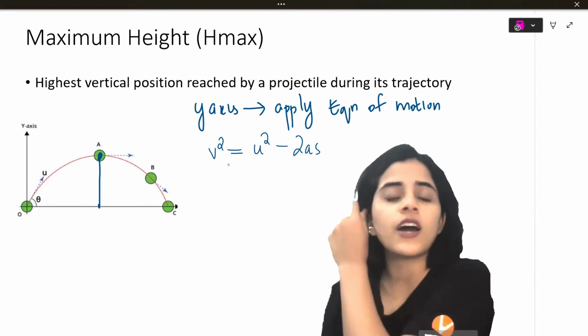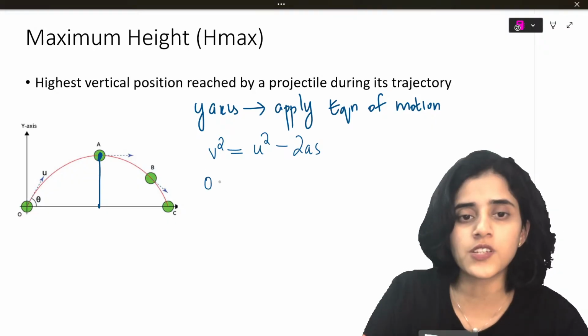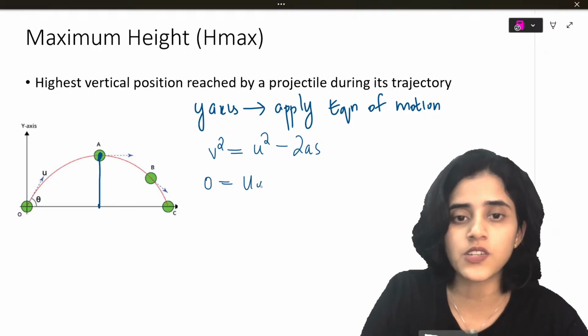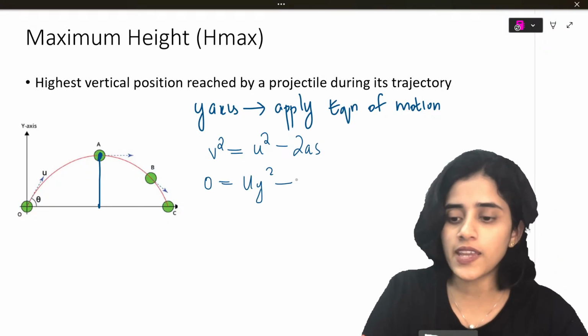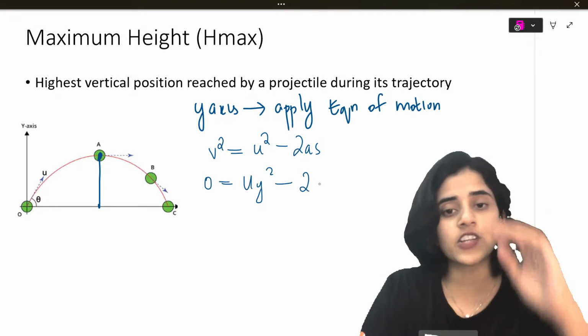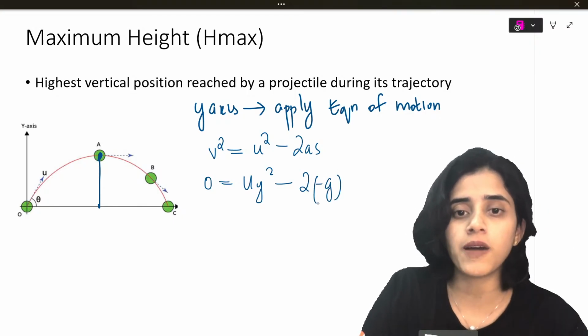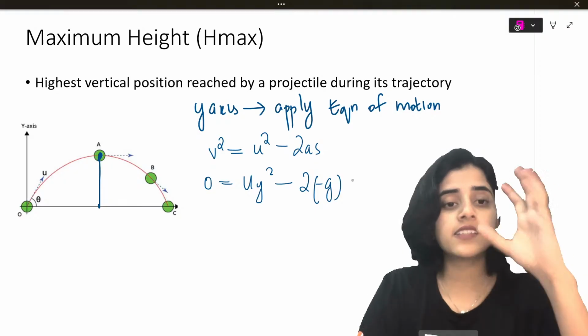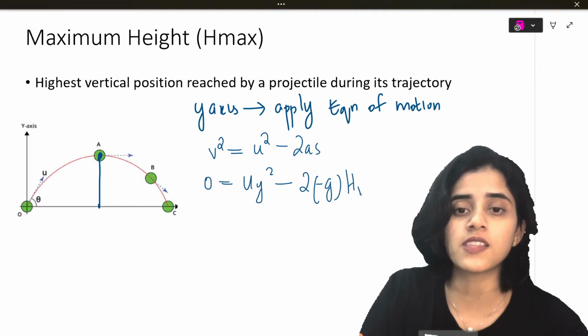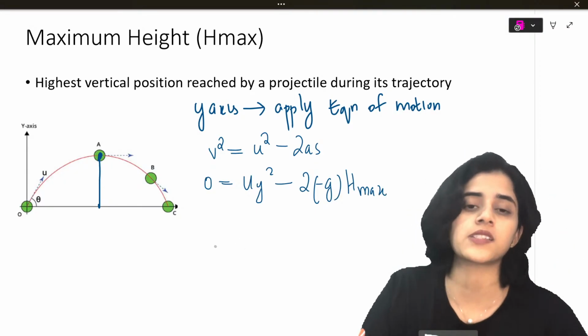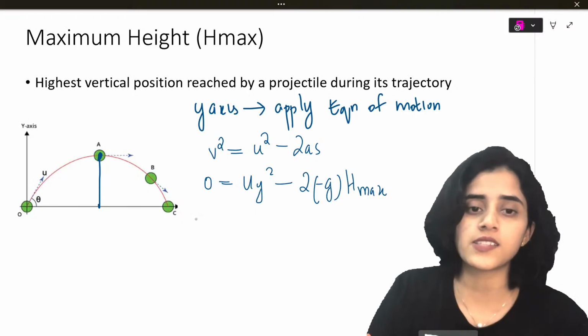Okay, so here also final velocity is 0. Initial velocity is uy square minus 2 into acceleration, which is because of gravity, minus g, and s is the distance. Here what is the distance? The maximum height, which is h max. So let me take it to the other side.